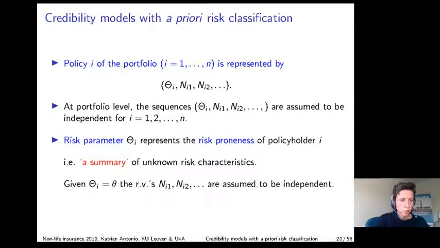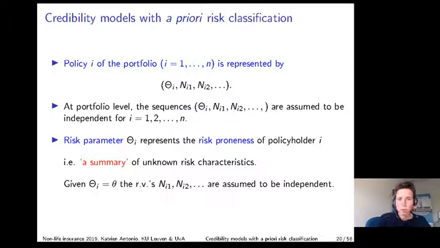It is a random variable expressing the risk proneness of policyholder or contract i. It captures the characteristics or features of policyholder i that cannot be expressed via observable risk characteristics. Therefore, it is a random effect summarizing these unknown characteristics or this unexplained heterogeneity between contracts.